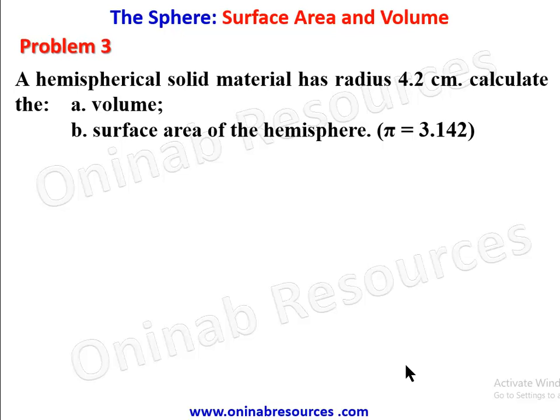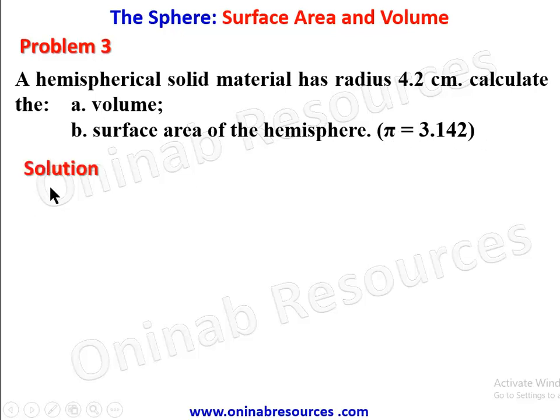Problem 3. A hemispherical solid material has radius 4.2 centimeters. Calculate the A, volume, B, surface area of the hemisphere. We take pi to be 3.142.